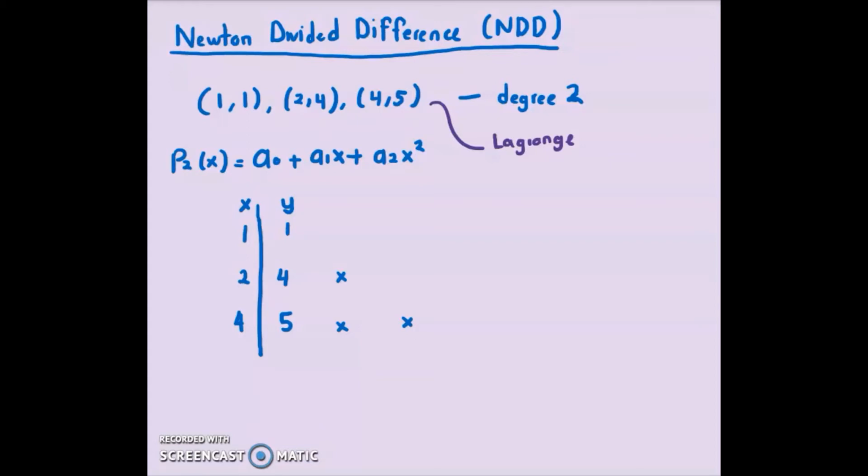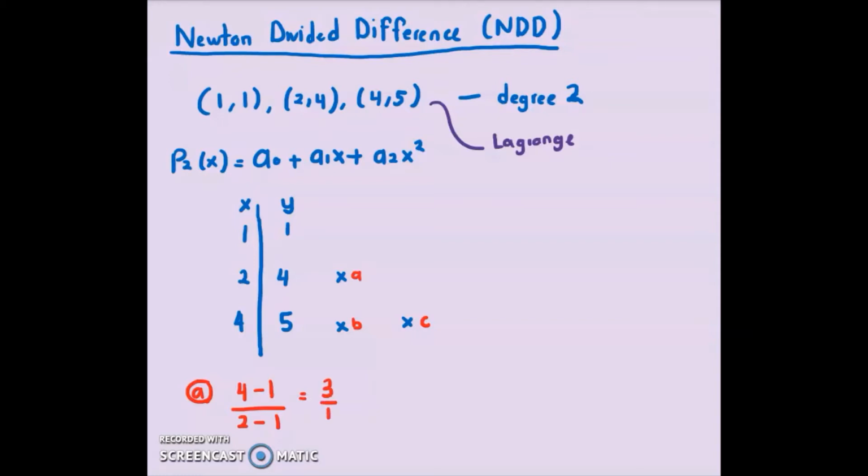I don't know what to call this, so maybe I'll call this A, B, and C. Okay, to find A, what I do here is just 4 minus 1 over 2 minus 1. So 4 minus 1 is 3. 2 minus 1 is 1.